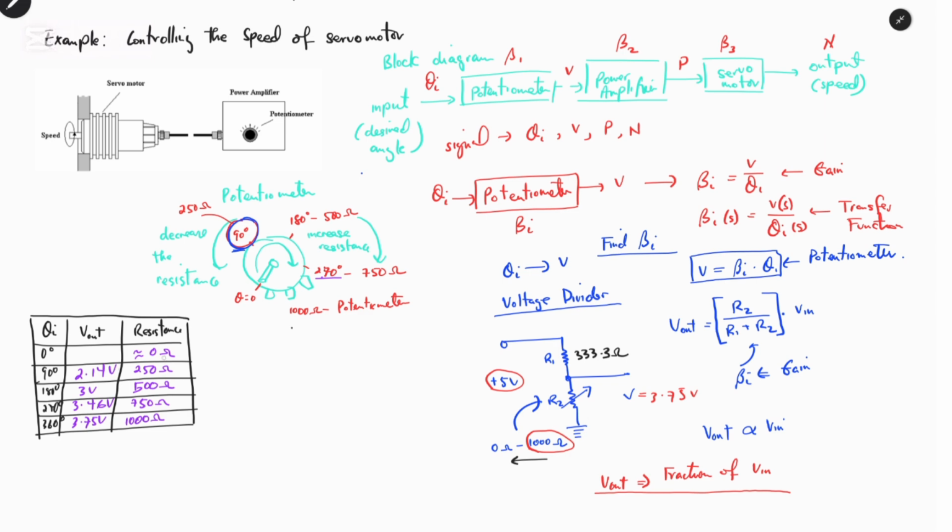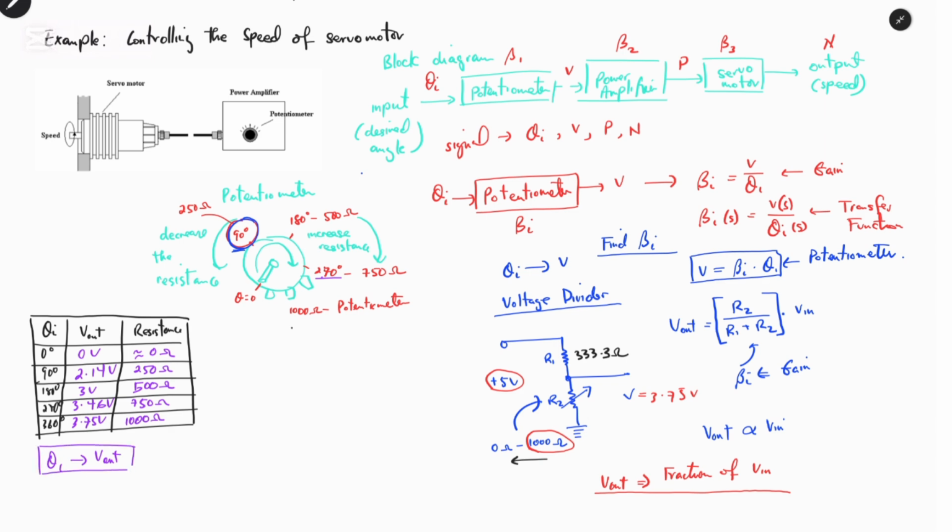And now for the resistance which is 0 ohms, actually there is no 0 ohms resistance. However, you will have a small resistance. And let's say if we say 0.1 ohms, we should have around 0 volts at the output. So this gives us a relationship between theta I and the Vout.